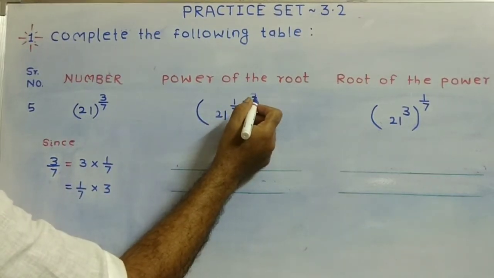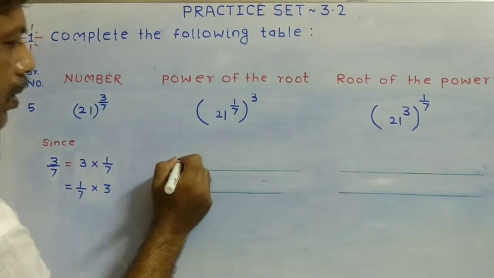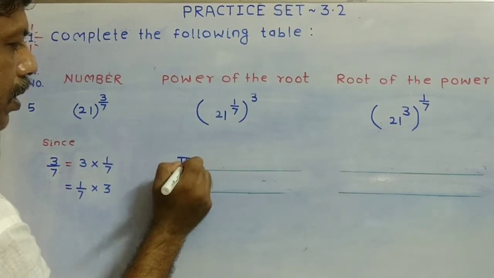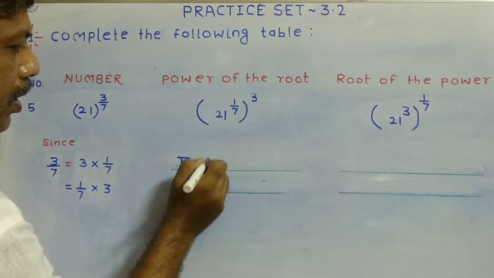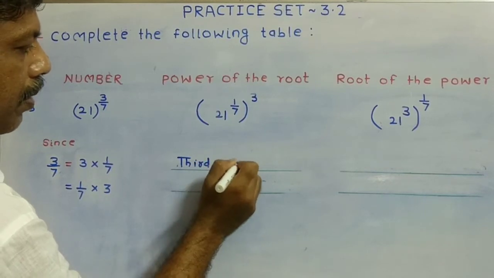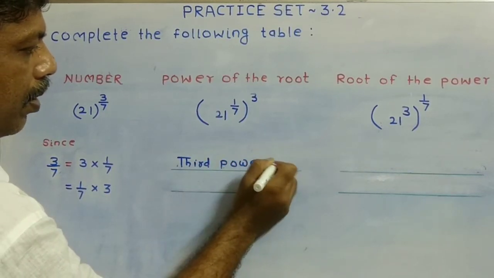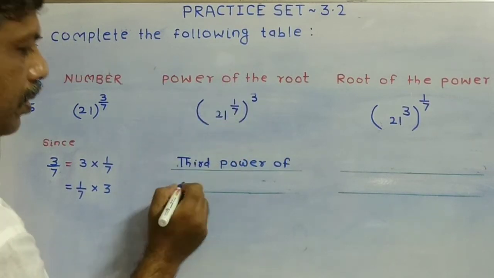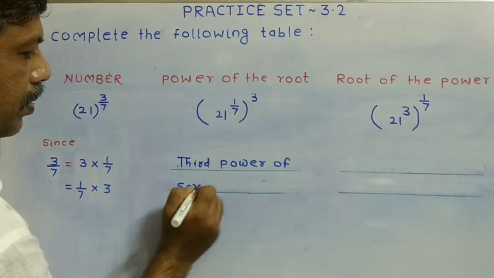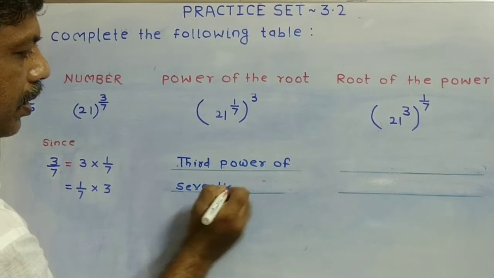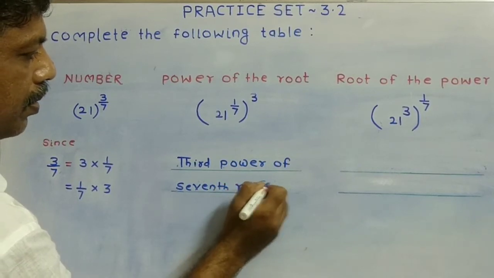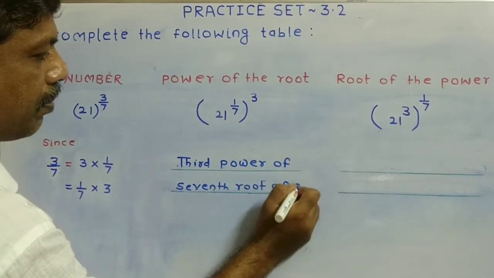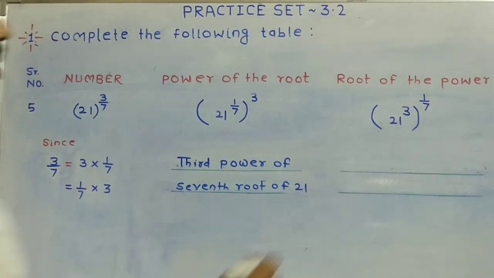And starts from here. Which power? Third power. Therefore, write down here third power of which root? Seventh root. Seventh root of which number? 21.